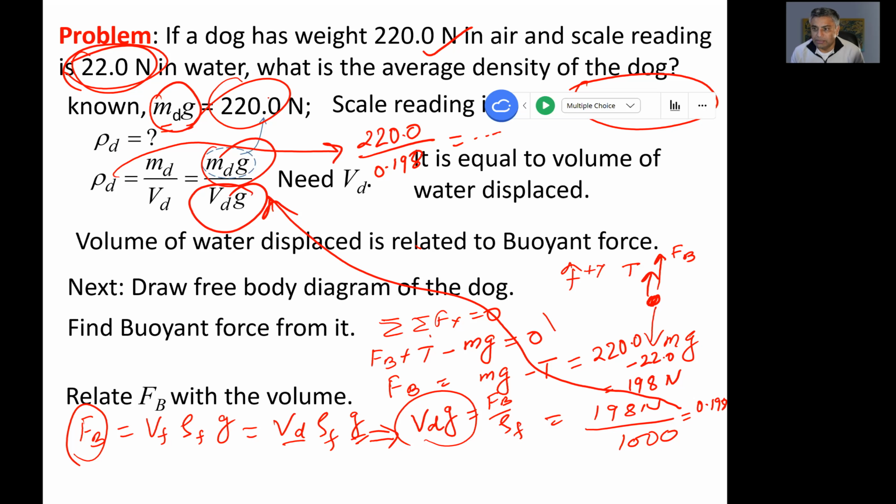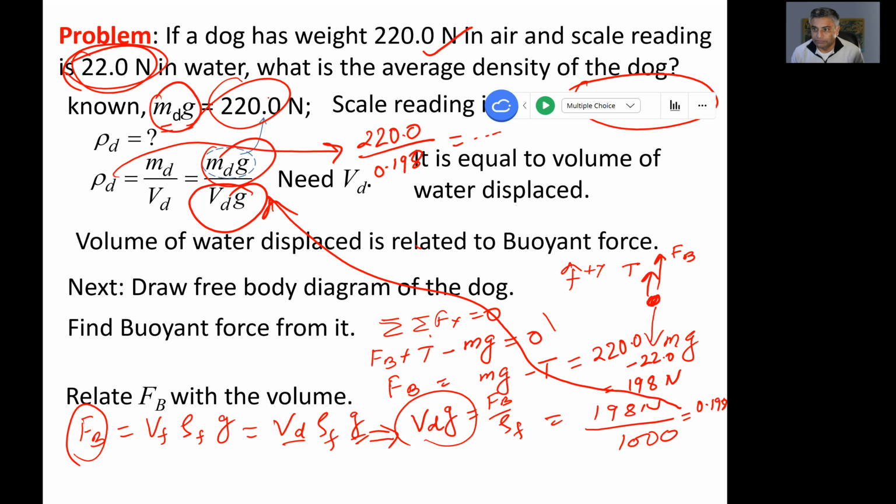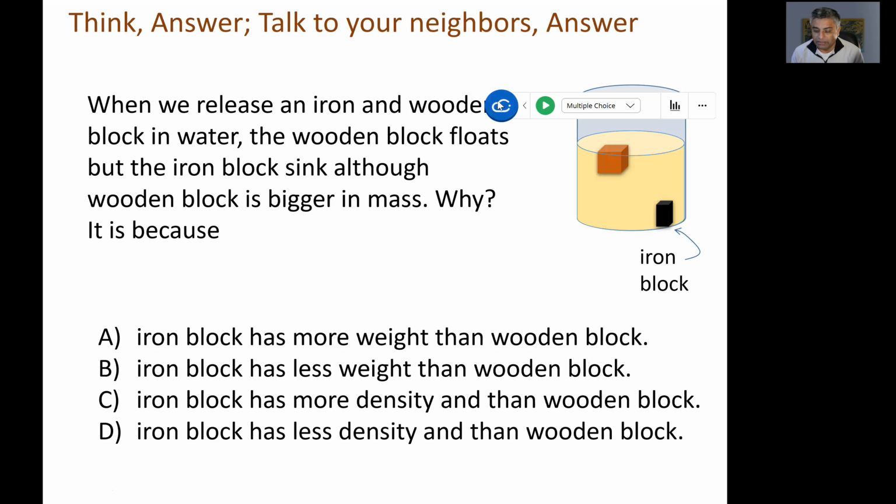So are we getting somewhere around 1100 or something like that? Yeah, 1111. Okay. Yeah, that sounds reasonable. 1000 versus 1100. Okay.